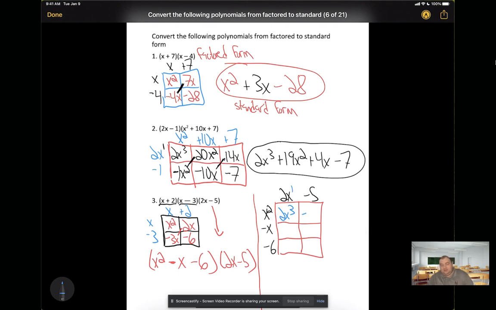So that's going to be a negative 5x squared. Now we have 2x times negative 1x. That's going to be a negative 2, because 2 times negative 1 is negative 2, and x times x is x squared. So negative 2x squared.